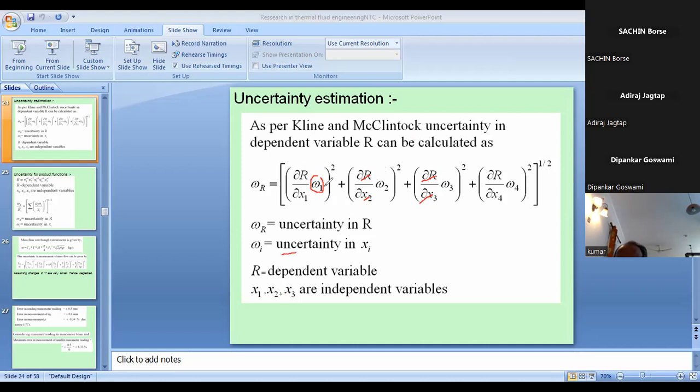Omega 1 is uncertainty in X1, omega 2 is uncertainty in X2, omega 3 is uncertainty in X3, omega 4 is uncertainty in X4. Like this, the formula we have to use. So once you find the uncertainty in the independent parameters, and then take the partial derivative of R with respect to each variable, then we can find the uncertainty in the dependent variable. So this is the formula. We'll also take one example so that you will understand.